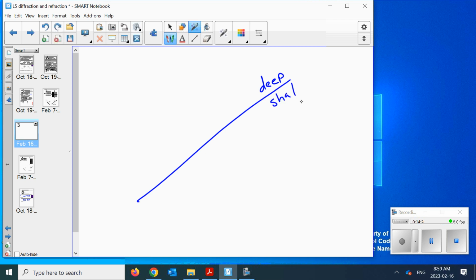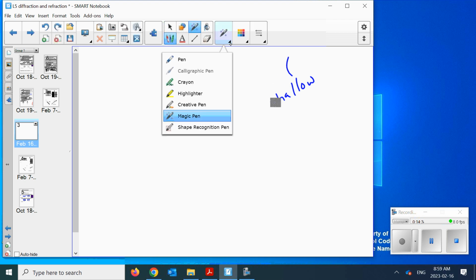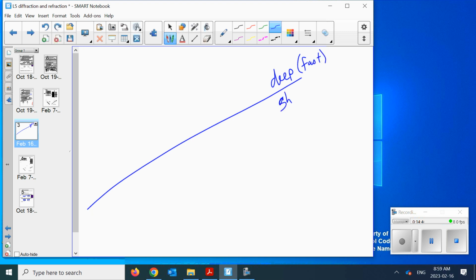Waves move faster. Okay, I'll redraw this. That's fast. It's a fast medium. Shallow water, that's slow.